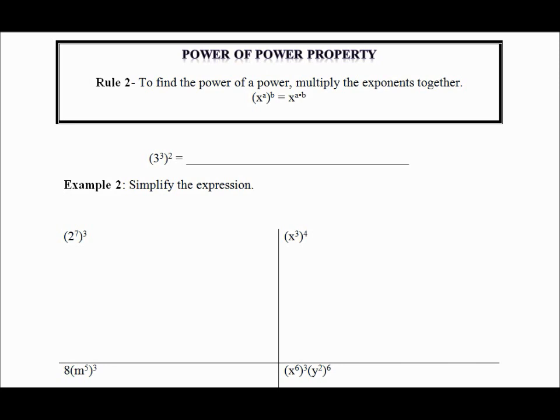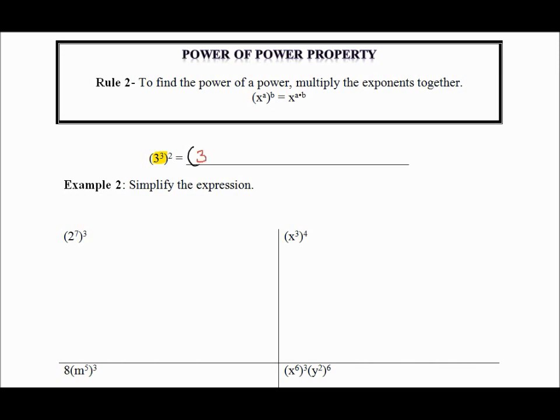The first thing I have for you, I'm going to show you where that comes from, to just multiply the exponents together. I have 3 to the third power inside the parentheses, and I have the whole thing raised to the second power outside of my parentheses. Now, if I evaluate what's inside the parentheses first, I'm going to keep my parentheses, that's going to give me 3 to the third power.